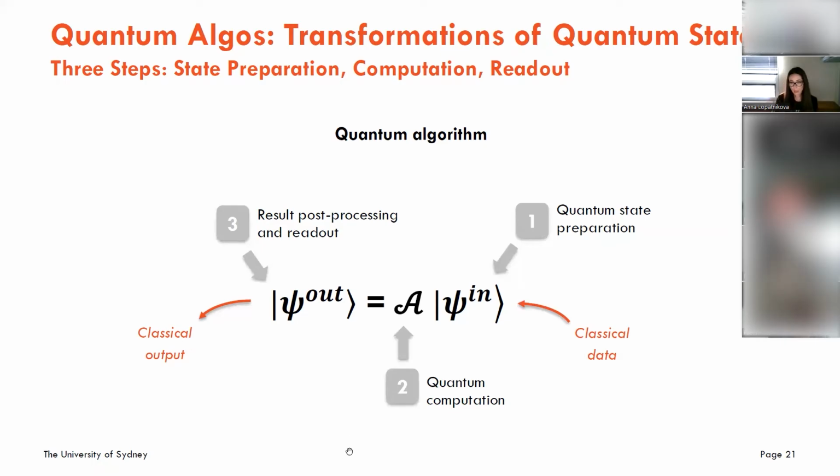The second part is the actual quantum computation. And the quantum computation is just a linear transformation of the input quantum state into the output quantum state, right? All quantum transformations are linear. And so that's what the quantum algorithm really is, a linear transformation using individual qubit or 2-qubit, 3-qubit gates. And the last step is the post-processing and readout.